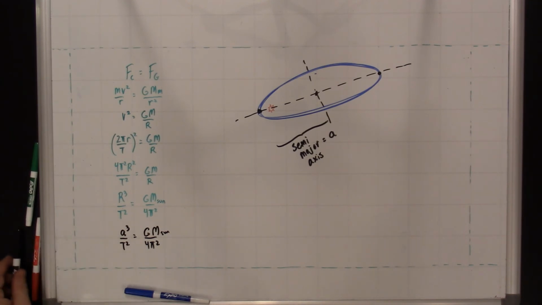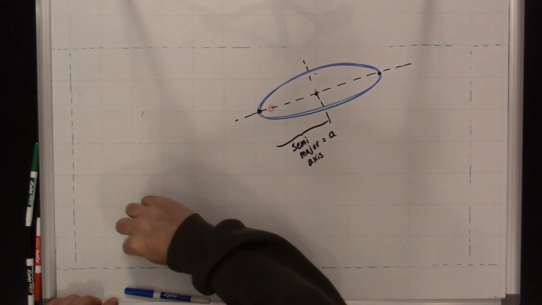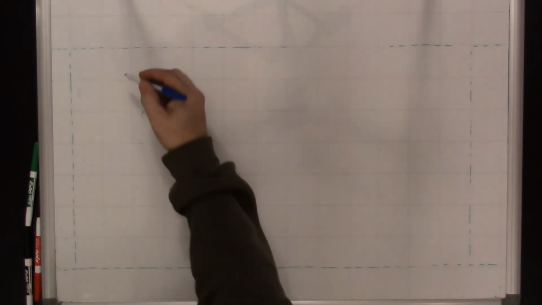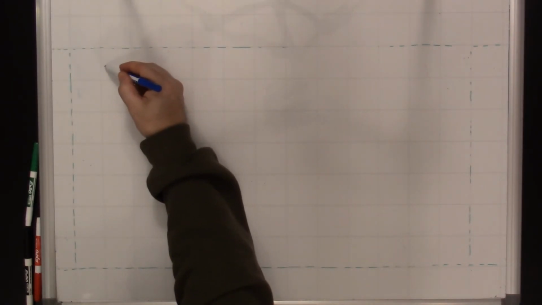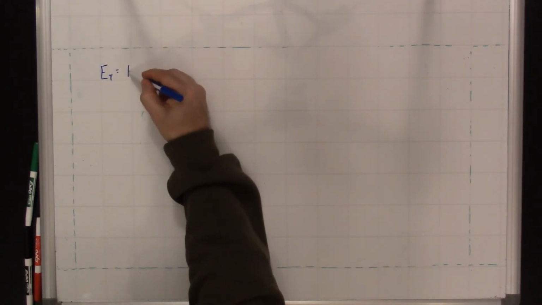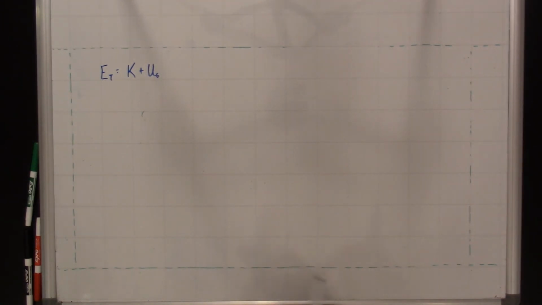Since we're talking about orbits of comets and stuff, let's revisit the energy concept real quick and talk about the gravitational potential and kinetic energy of these things, because it's really interesting the way that it manifests. One of the things that we know is that the total mechanical energy is equal to the kinetic energy plus the gravitational potential energy.